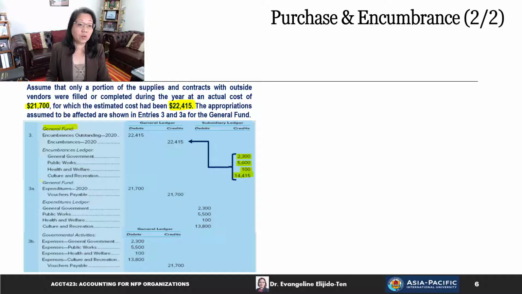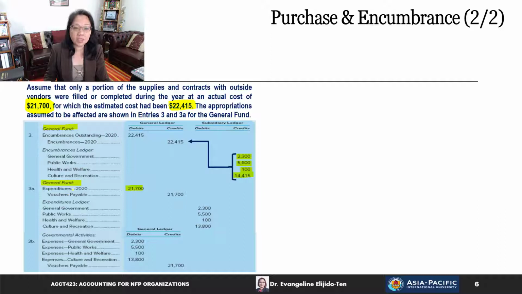Now the next entry will be still in the general fund. By the way, these are all general fund entries. The next entry would be to record the expenditures, because remember, we have now received the supplies. We have to record now the expenditures. So we'll debit expenditures 2020, $21,700. Notice that this is at the actual cost, the cost for which a liability exists with our suppliers.